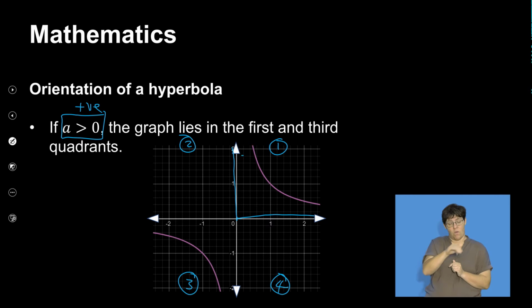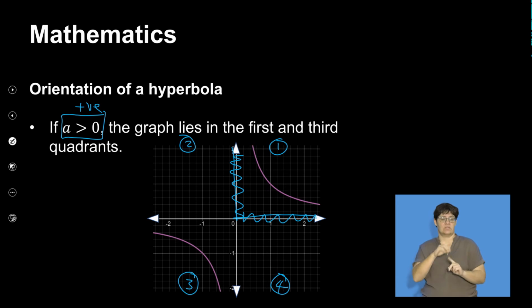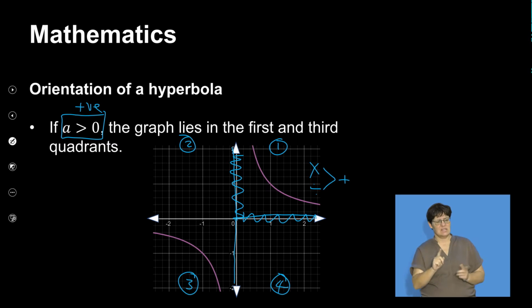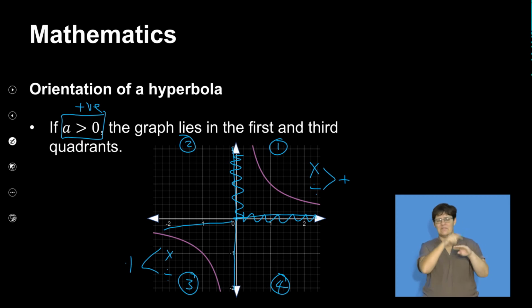Why? Because the y values here are positive and the x values here are positive. So either when you multiply them or divide them, you will always get a positive as your answer. Even with the third quadrant, because the y values are negative and the x values are also negative, when you multiply them or divide them, your answer will always be a positive. So that's why the graph will then lie in the first and the third quadrant.